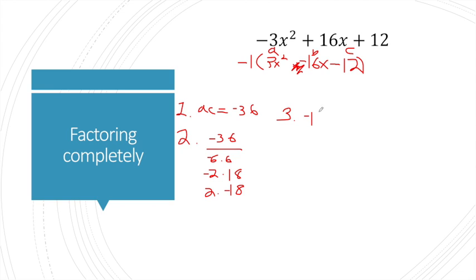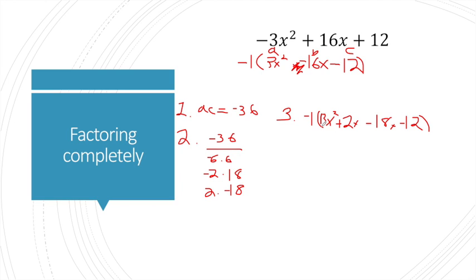So now I have negative 1 times 3x squared plus 2x minus 18x minus 12. Now I have a 4-term polynomial I can factor by grouping.